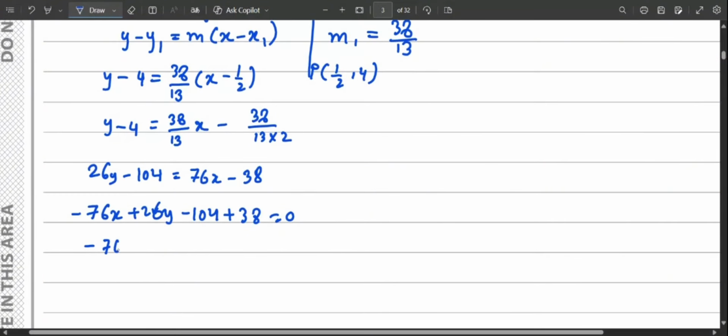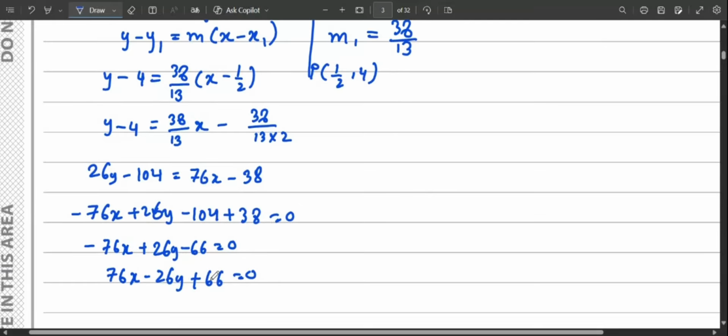So this gives us minus 76x plus 26y minus 66 equals 0, or from this we get 76x minus 26y plus 66.